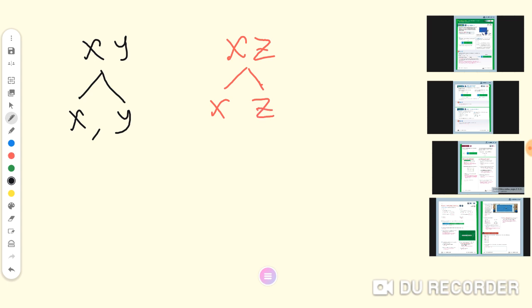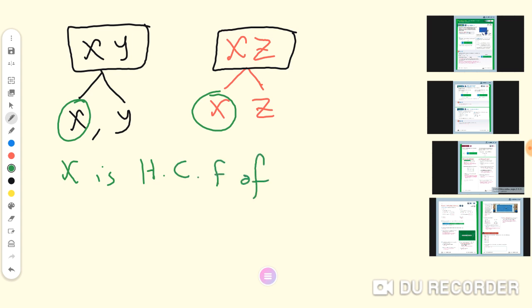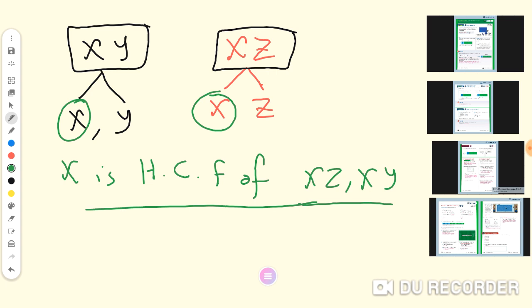What is the common factor between both expressions? The common factor here is x. So x is the highest common factor of xz and xy. That's it. This is how you can find the factors of variables.